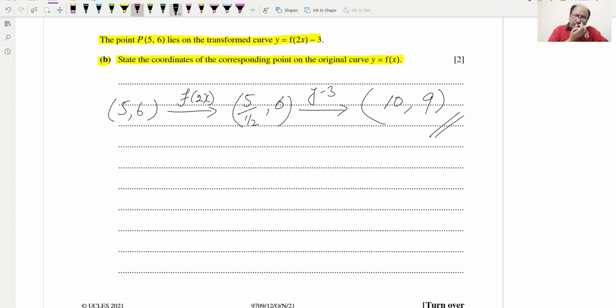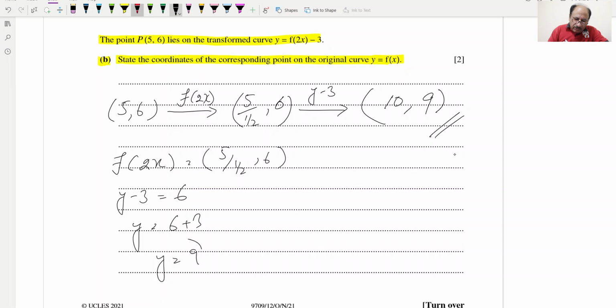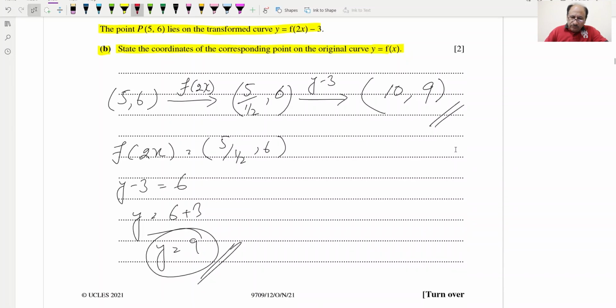We can understand it this way: for example, f of 2x is equal to 5 over 1 by 2, and 6. Now y minus 3 will be what? y minus 3 is equal to 6, so y is equal to 6 plus 3, which is equal to 9. So our y coordinate will be 9, so our point will be 10 and 9.